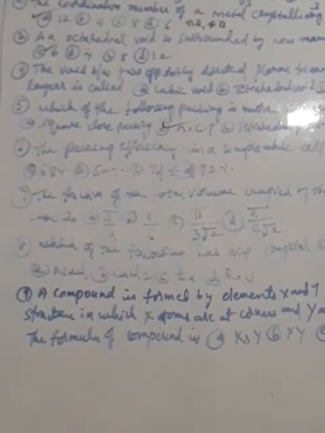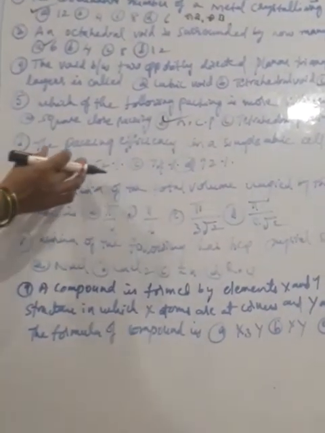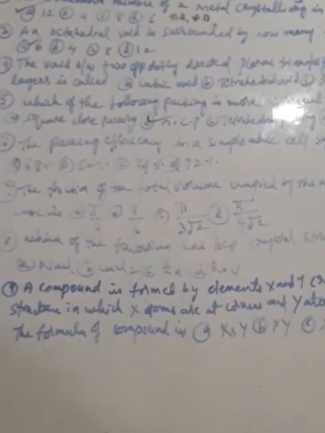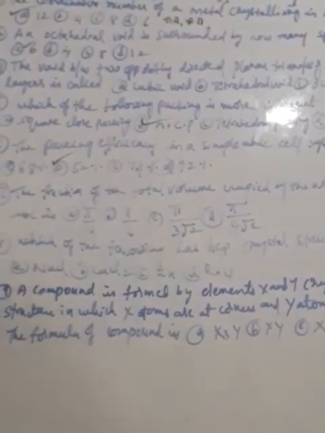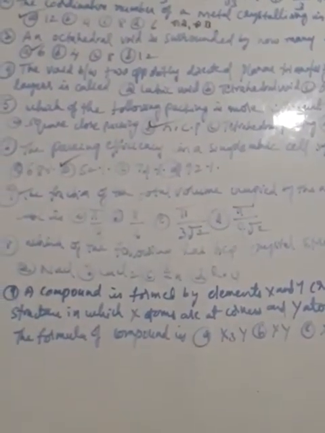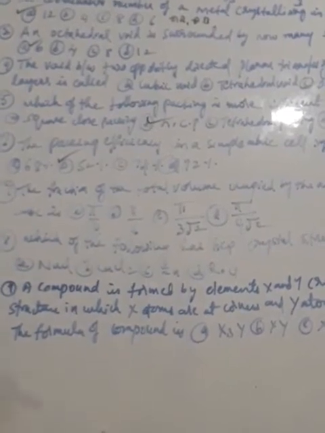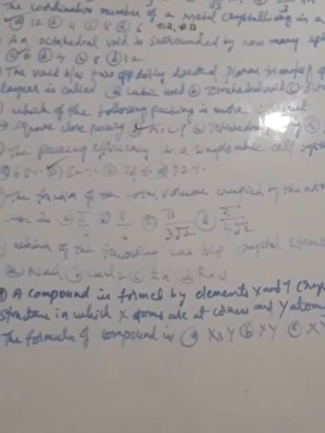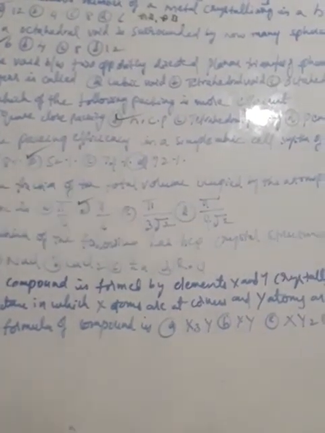Packing efficiency in a simple cube is 52%, and the remaining percentage is void space. The fraction of total volume occupied by atoms in a simple cube is pi by 6. Pi by 6 into 100 is equal to 52%.